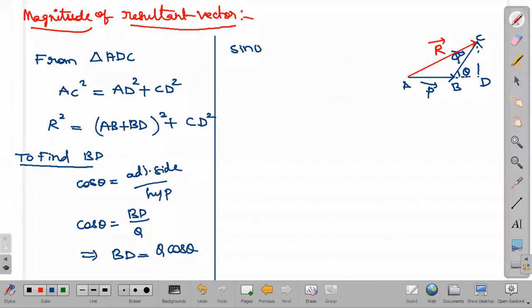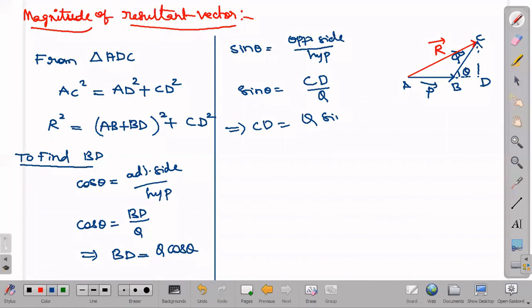Sine theta is opposite side by hypotenuse. So sine theta is equal to CD over Q. Now CD is equal to Q multiplied over here, so we get Q sine theta. Right? So this is the CD value and this is the BD value.